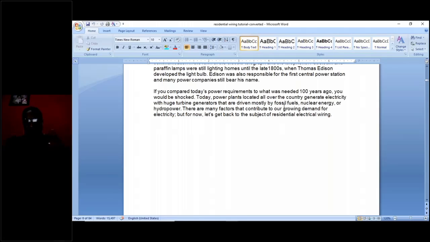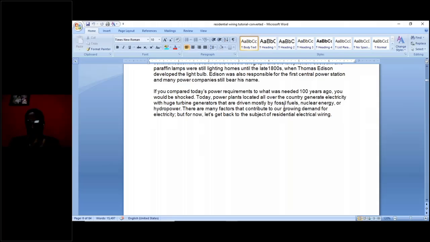If you compare today's power requirements to what was needed 100 years ago, you will be very shocked at how things have developed. Today, power plants located all over the country generate electricity with huge turbine generators that are driven mostly by fossil fuels, nuclear energy, or hydropower.